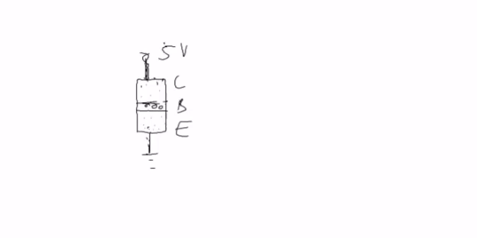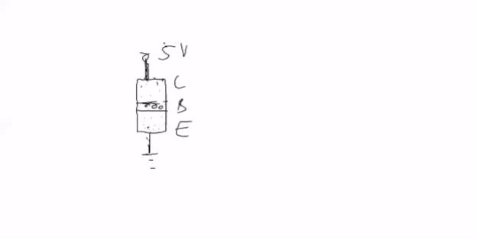Can current flow from it? No, current cannot flow because there are two junctions, base emitter and base collector. So current will not flow through this.